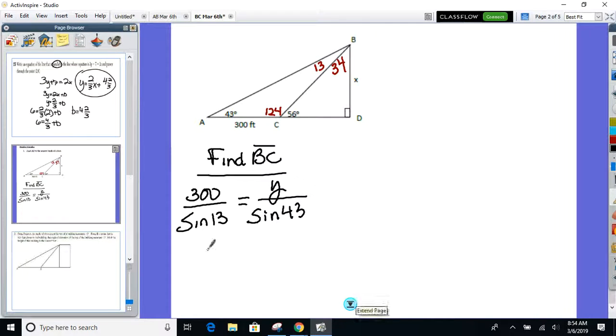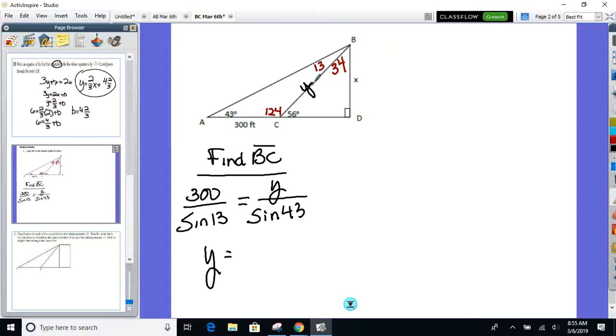All right, let's cross multiply. Let's find the value of BC. Okay, I have this answer in my calculator.